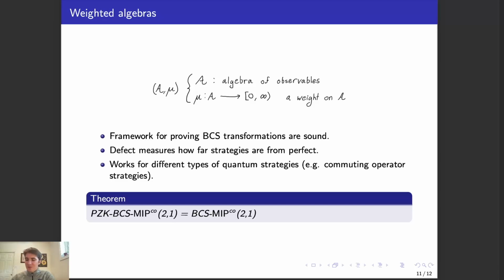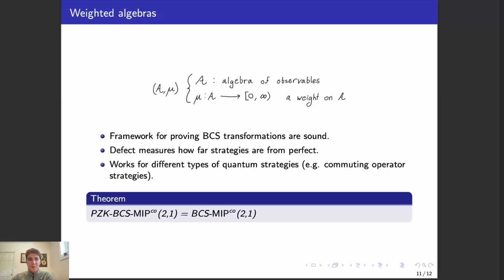And if we were able to prove the same theorems about MIP-CO that we know about MIP*, for instance, if we were able to show that BCS MIP-CO 2-1 was complete for MIP-CO, then we would have a similar perfect zero-knowledge 2-prover 1-round result in this context as well.